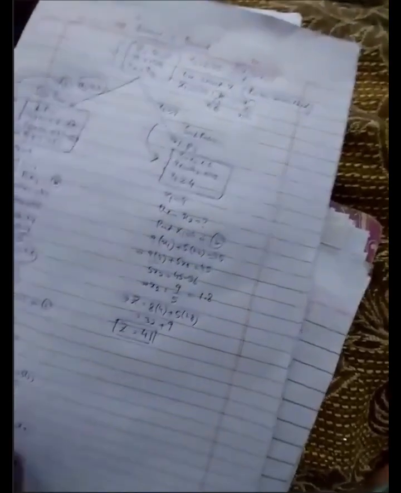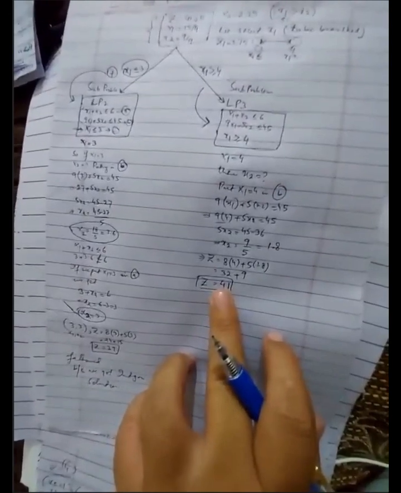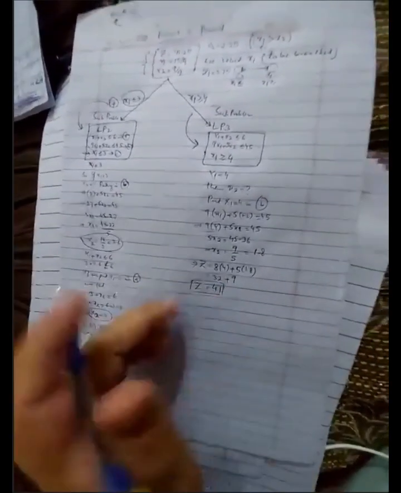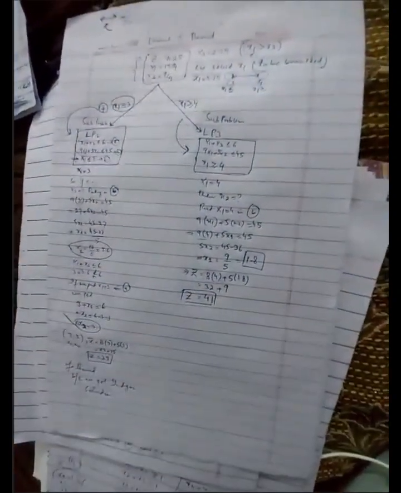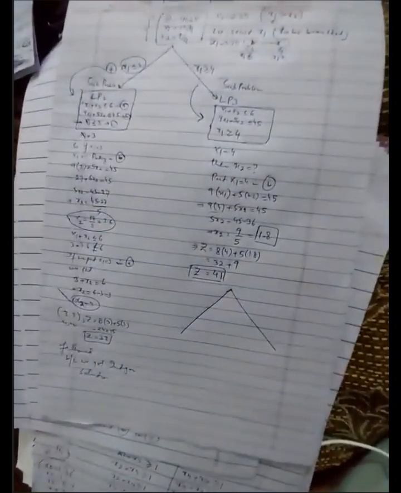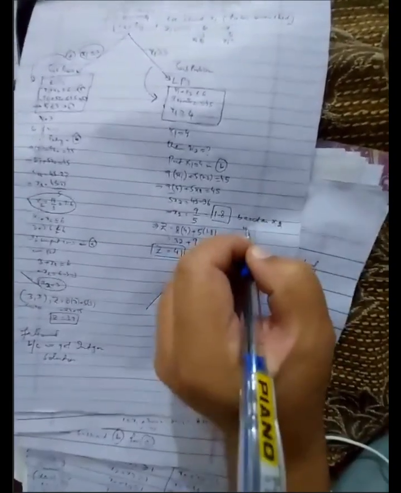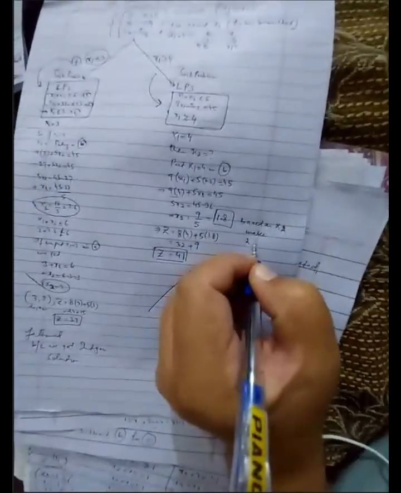Now we see that here we got 39 and here we got 41. It means that it is somehow giving us a better solution. But still x2 is equal to 1.8, which is a fraction. So we must divide it into two further trees, based on x2.